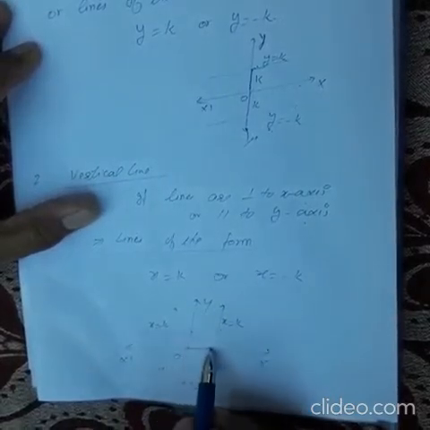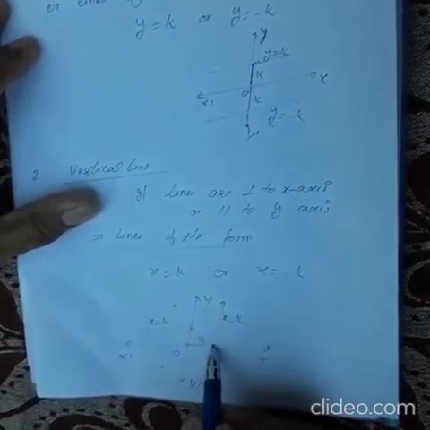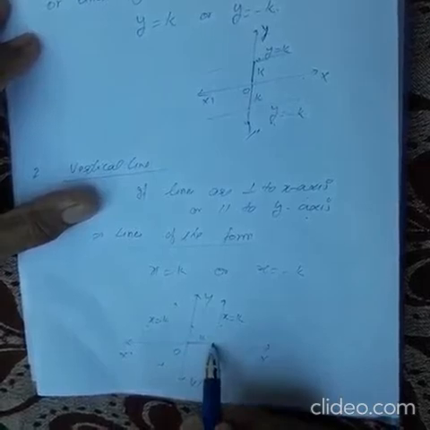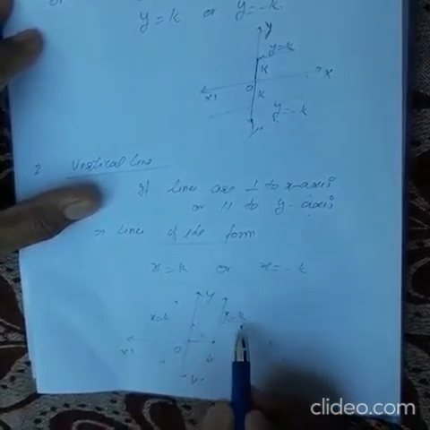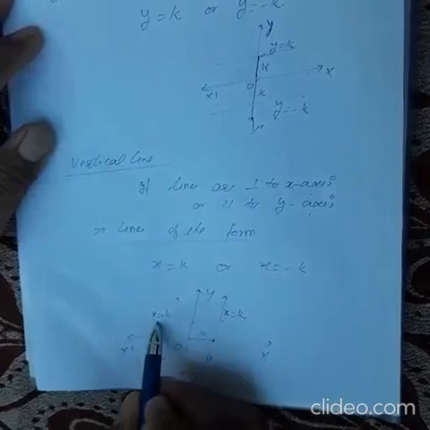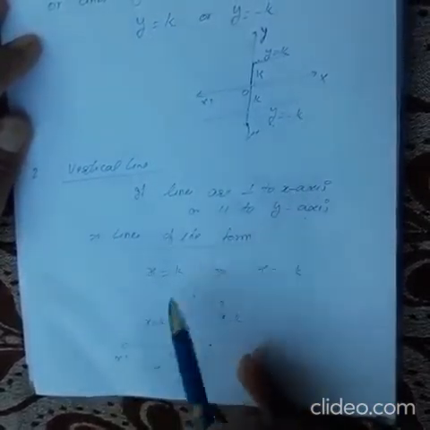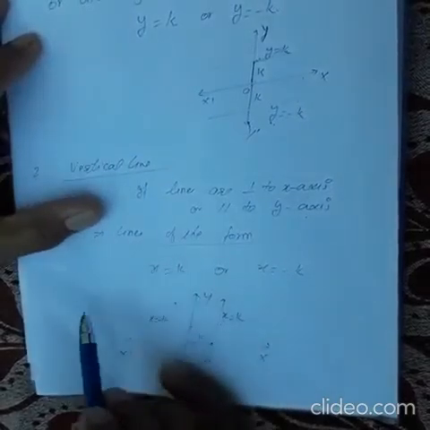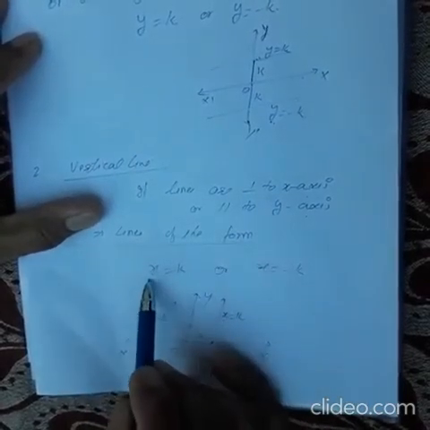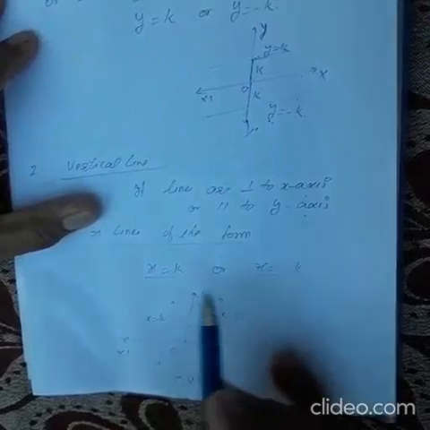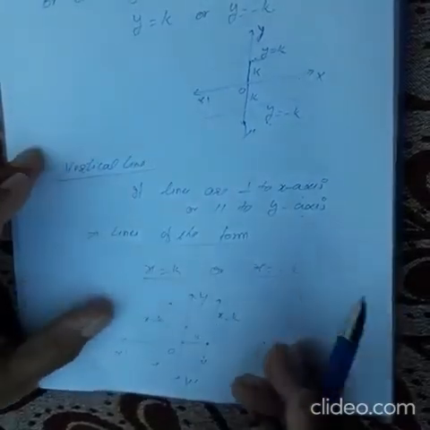If this distance is k, then the coordinates of this point are (k, 0). The equation of this line will be x is equal to k. Similarly, x is equal to minus k. So when the line is parallel to the y-axis, the coefficient of y will be 0, and the line will be of the form x is equal to k or x is equal to minus k.